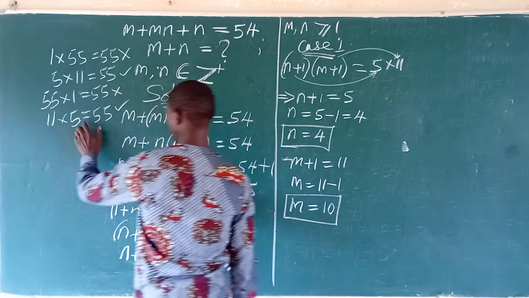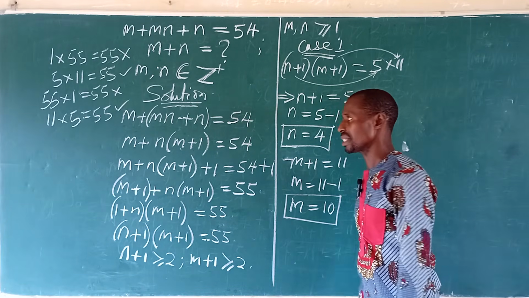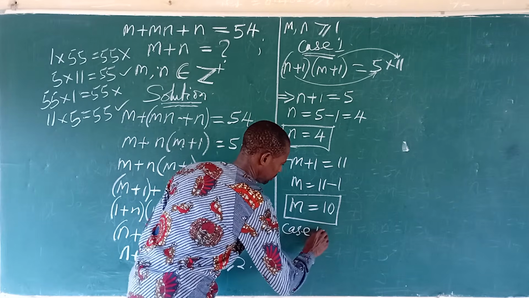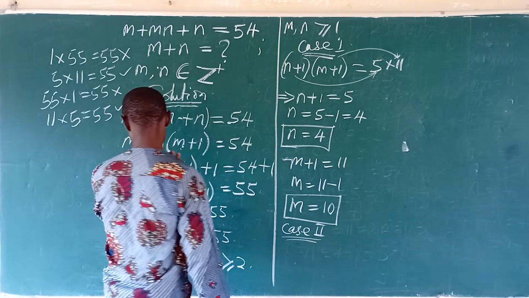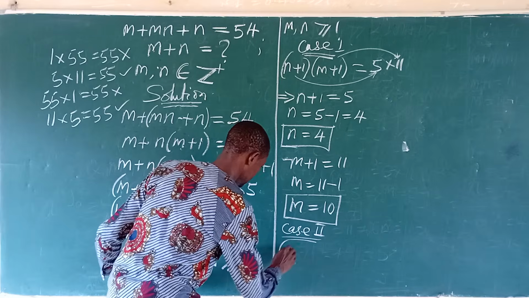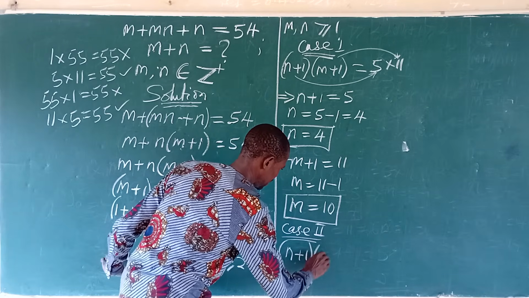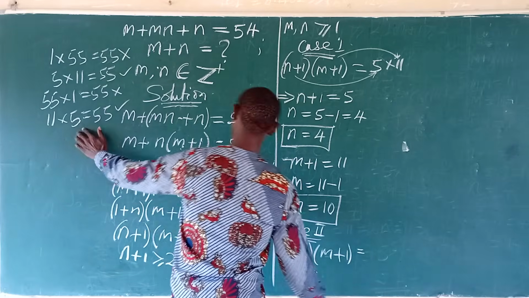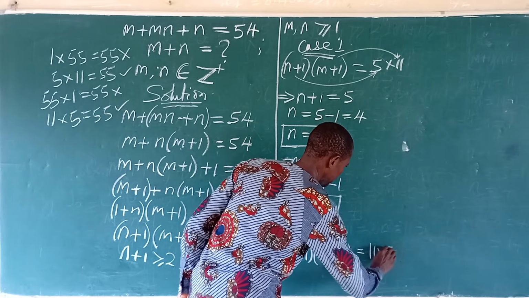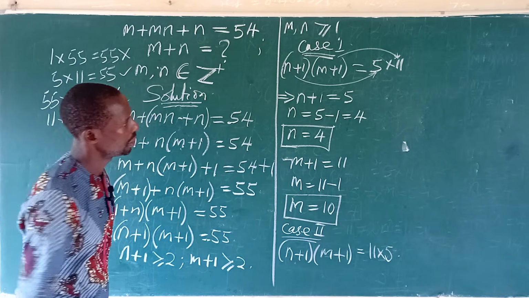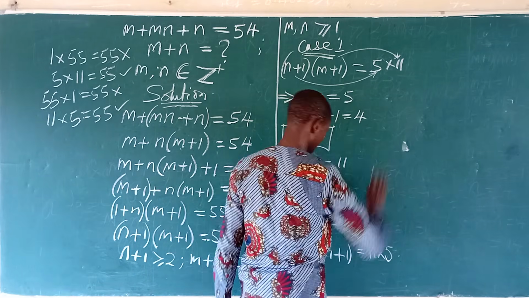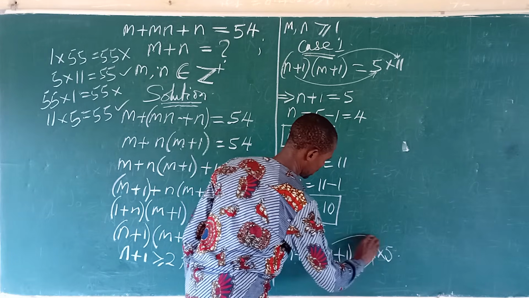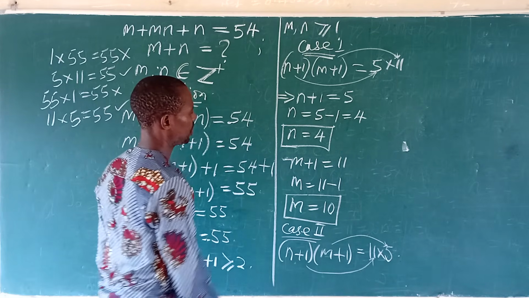But remember, we have another case scenario here, which is 11 times 5. And so we're taking the second case here. We have case 2. Case 2, we're taking n plus 1 bracket m plus 1 equal to 11 times 5, right? So we're taking it to be 11 times 5. So we're taking this, taking this, again this, right?